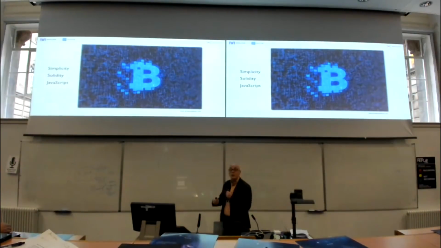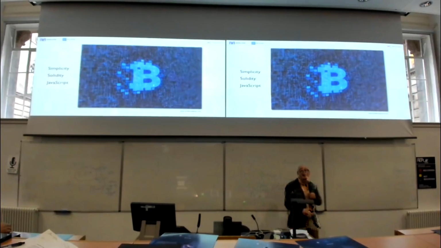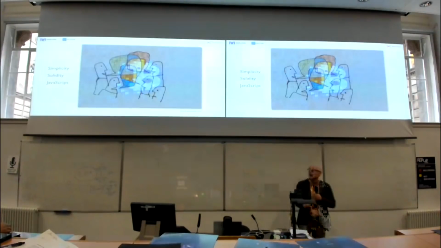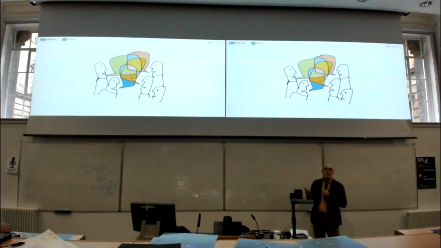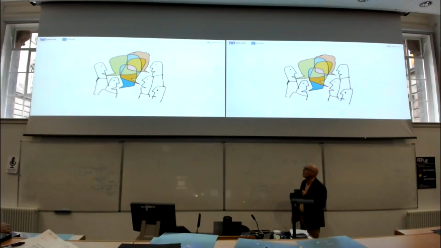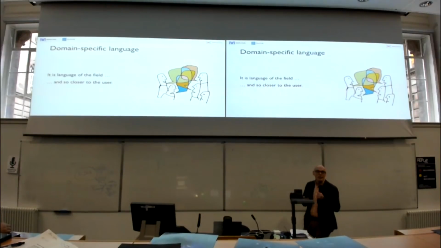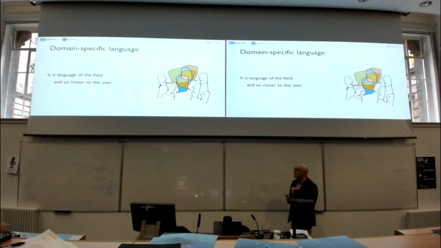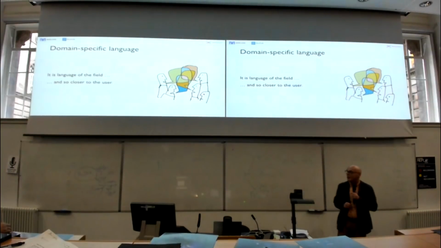But what we've been trying to do is an experiment in looking at something different. We're saying, let's look at people who are actually using the language, or potential groups of users, look at a particular domain, blockchain. And this general approach is called, in the jargon, a domain-specific language. So you build a language that reflects the terminology, reflects the applications of that particular field.